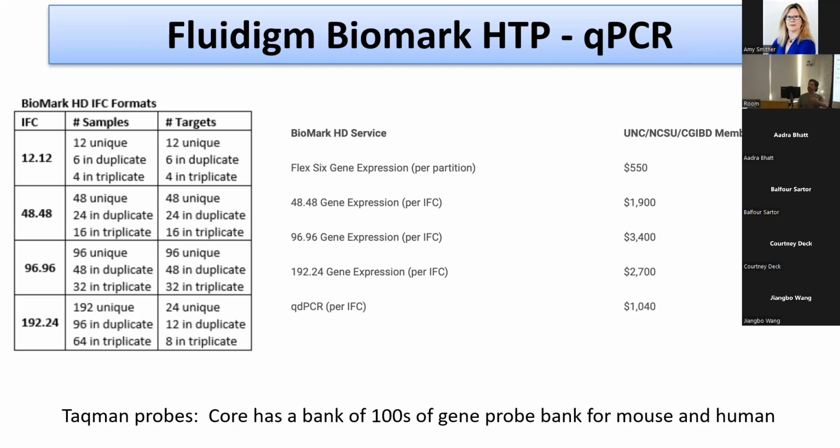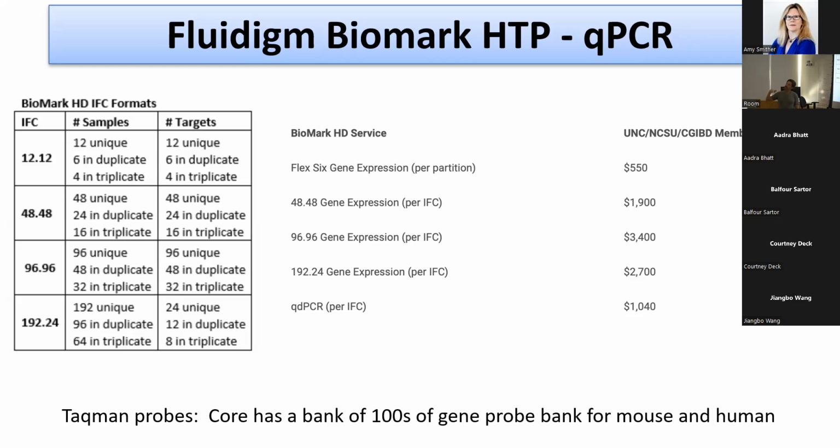If you bring us your SYBR Green probes and you haven't validated those probes and you get primer dimers, then your entire experiment could be ruined, and you're going to be out up to $3,400. So the TaqMan probes reduce that chance of getting primer dimers by a lot. In fact, it usually doesn't happen at all for us. So this was something that I made an executive decision for.